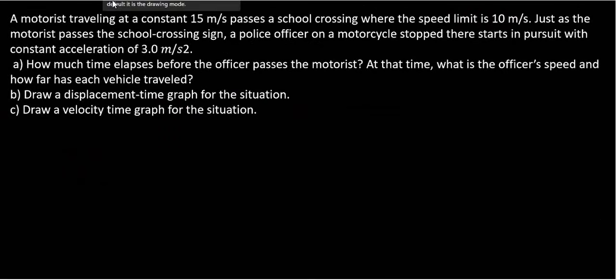The other one says a motorist traveling at a constant 15 meters per second passes a school crossing where the speed limit is 10. Just as the motorist passes the school crossing sign, a police officer on a motorbike, stopped there, starts in pursuit with a constant acceleration of 3.0 meters per second squared.